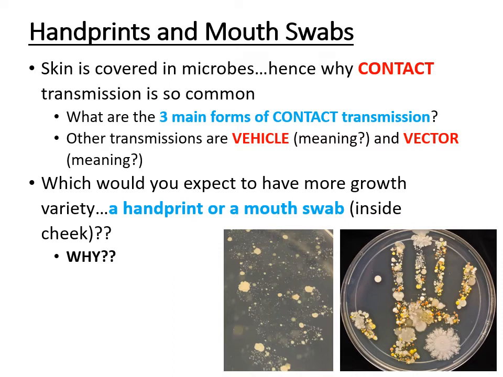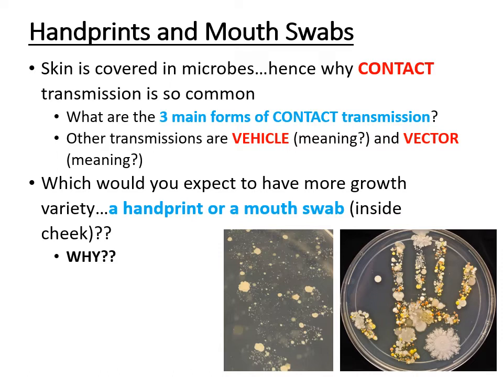Now, these forms of contact transmission are different from vehicle and vector transmission that we'll go more in detail in lecture. Vehicle transmission, picture vehicle as car. Basically, a microbe is hitching a ride on something that you would normally not think of as being associated with a sick person.